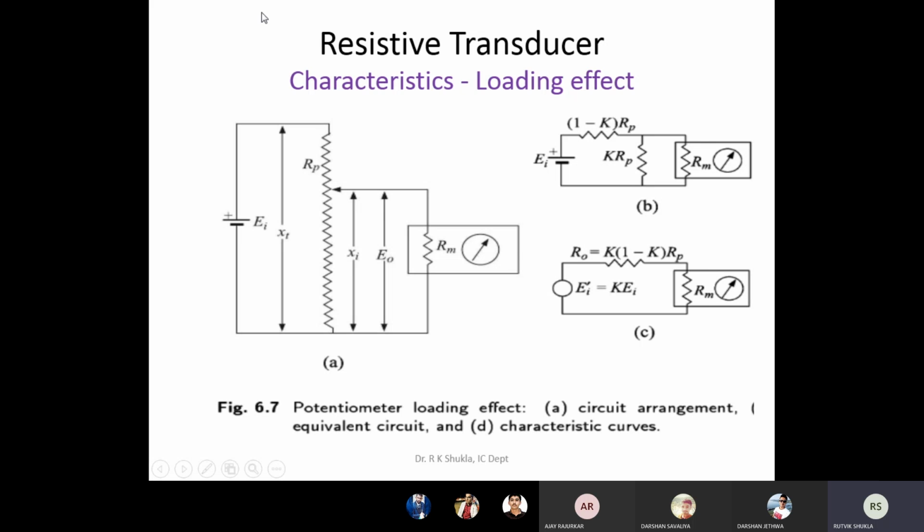So now we will discuss how the internal resistance of your voltmeter, whenever you connect a voltmeter across your load, affects your overall measurement.